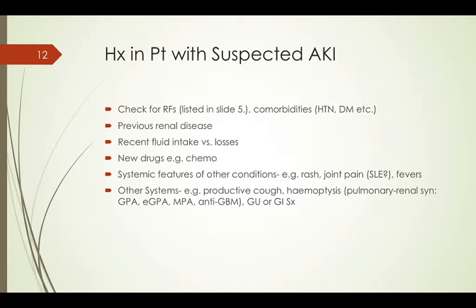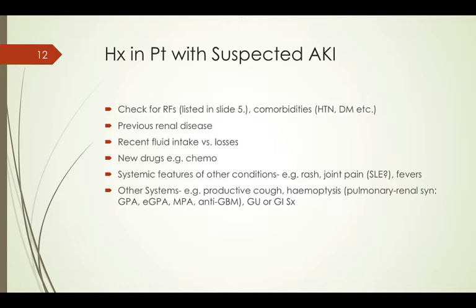Are they drinking enough? Are they having enough intake? Have they been starved? Things like nil by mouth precautions taken pre-surgery. Things to consider there. Chemotherapy here, I've mentioned, when we're thinking about tumor lysis syndrome, an intrinsic cause of AKI.